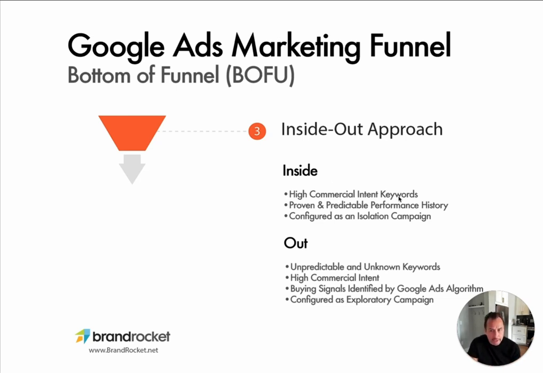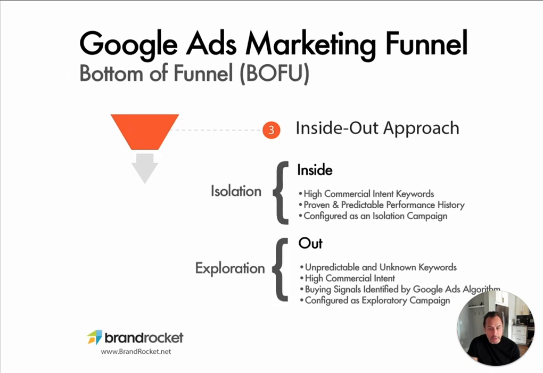High commercial intent keywords, proven and predictable performance history, configured as an isolation campaign. So we take those particular keywords and we isolate them. We actually name it an isolation campaign, and this campaign is created with exact match, right? So it's about as tight as you can get with the targeting, laser targeted to these predefined keywords.